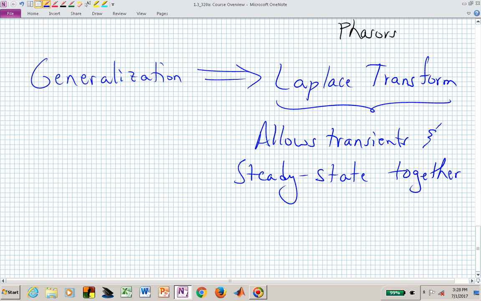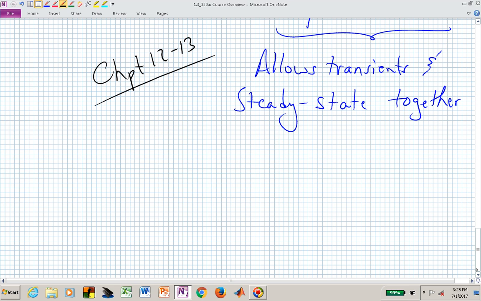As we introduce Laplace transforms, which will be in chapters 12 and 13, we'll be able to open up a lot more analysis techniques, and in fact we'll be able to start considering many more combinations of circuits or energy storage devices. We are now going to be worrying about more than just onesies and twosies.